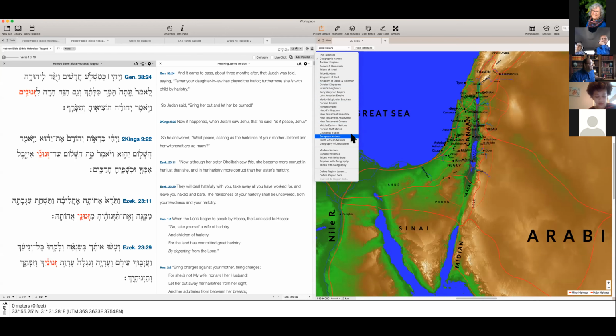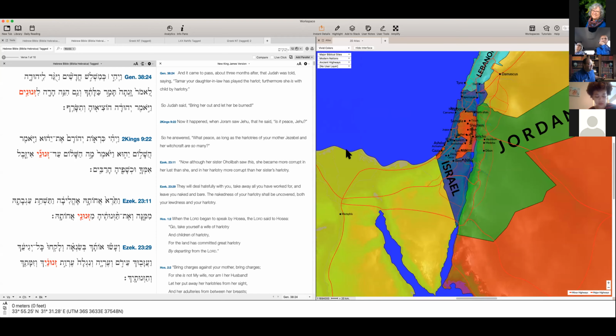Okay, modern nations. Let me show you. See? This one is Egypt. What you see in Seir is Jordan. And they keep walking on that road, and then they end up right here.